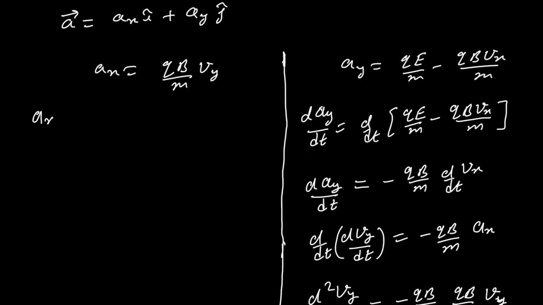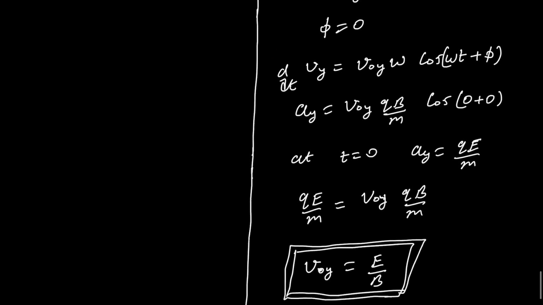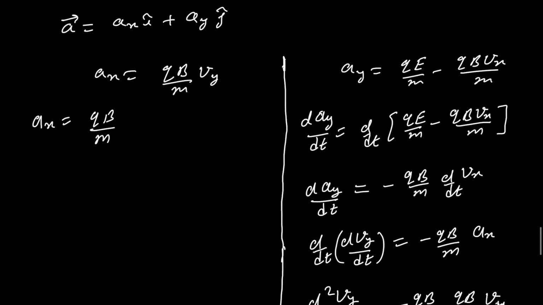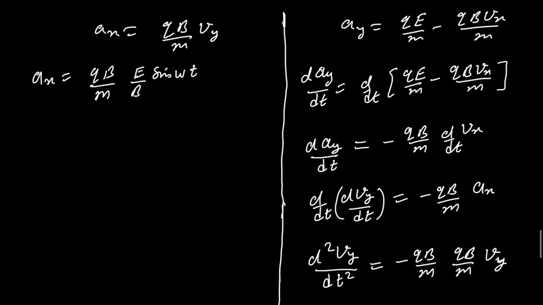So what will be our ax? Ax will be qB by m, and the value of vy is E by B sine omega t. So we can cancel this B. Now this will be ax, and it will be qE by m sine omega t.